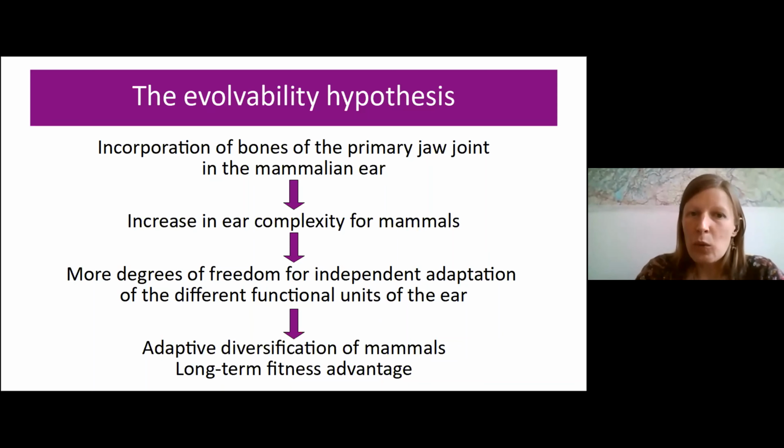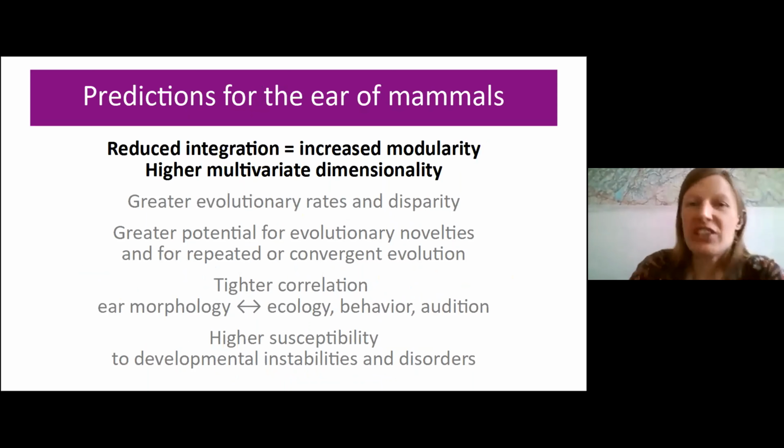And what are the predictions for this hypothesis? First, that for mammals, compared to other clades of vertebrates, you would have an increased modularity of the different elements, and hence a reduced integration, and also a higher multivariate dimensionality of ear shape.